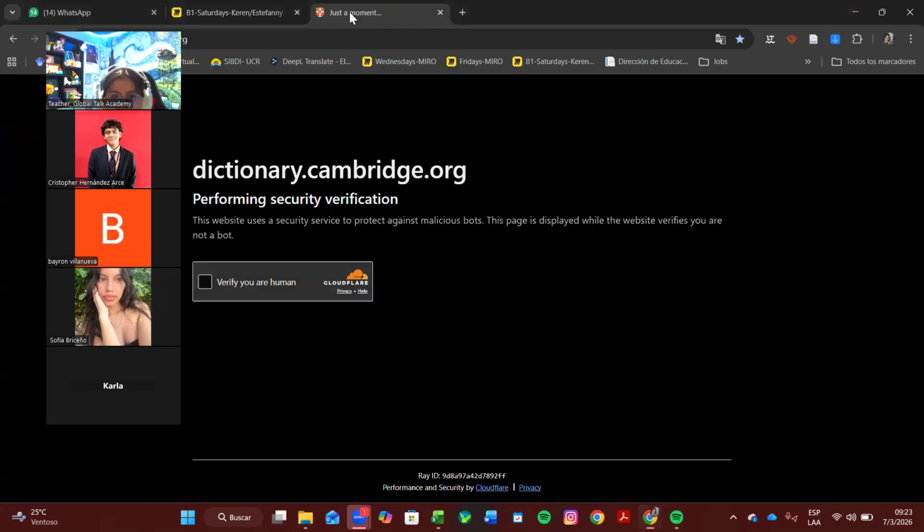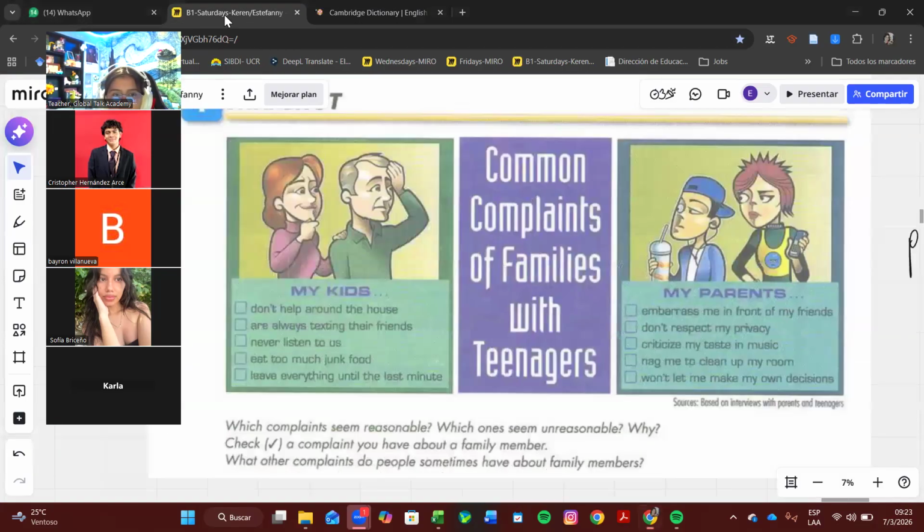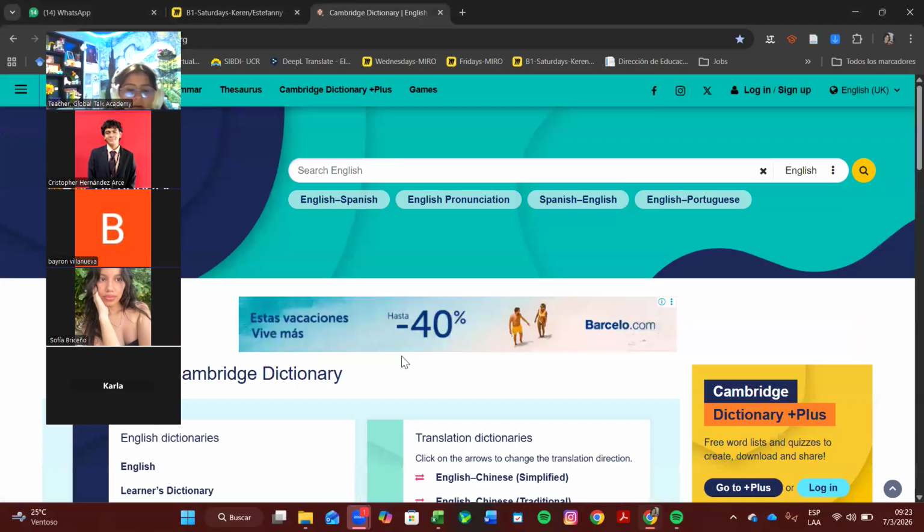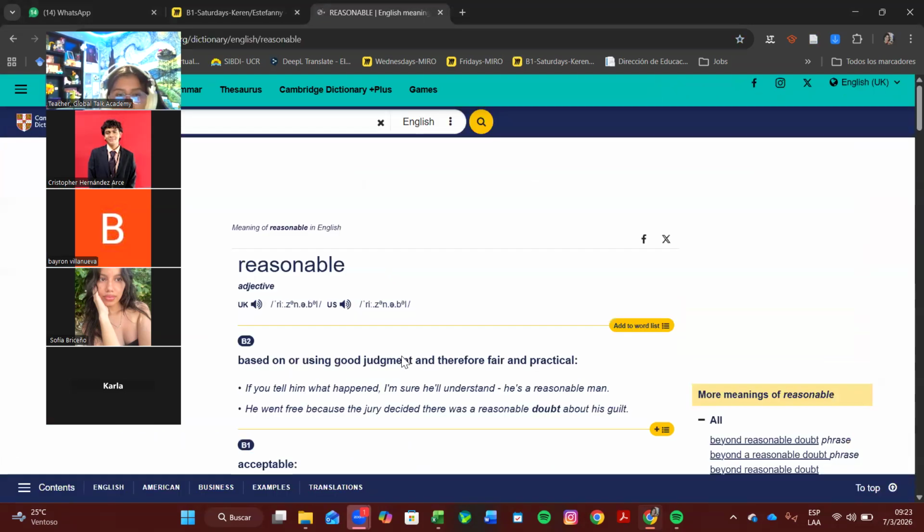So, just in case, I want to show you this. For example, we have this word here. Which ones seem reasonable or unreasonable? I'm going to show you the word for you to see it.